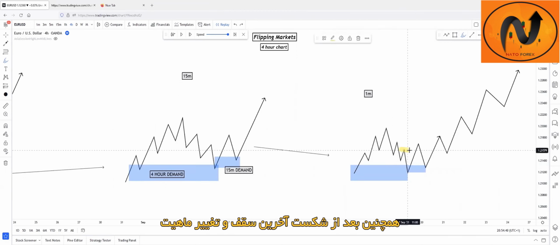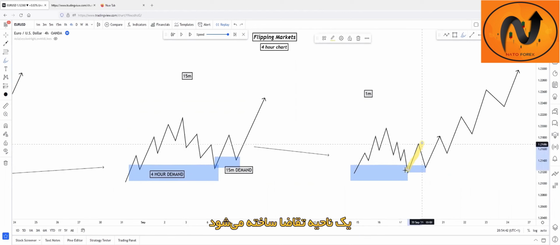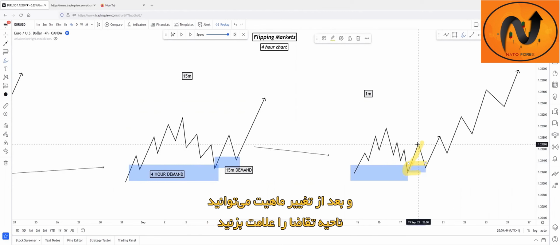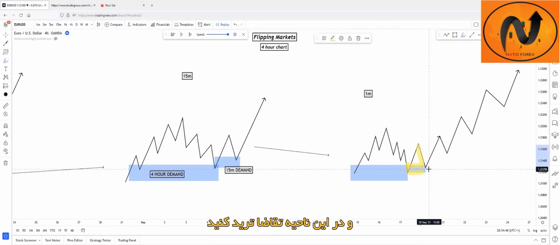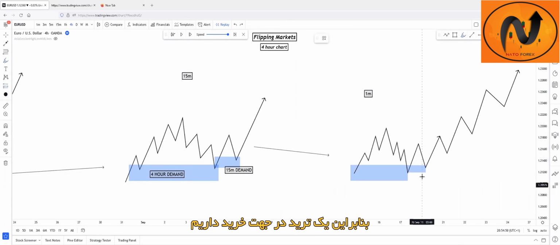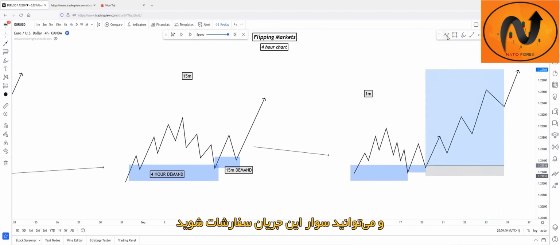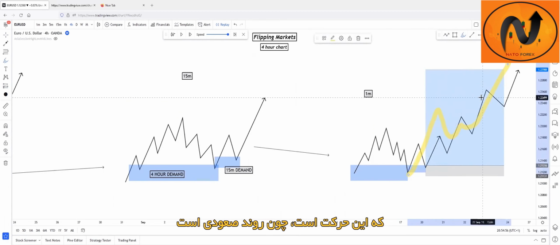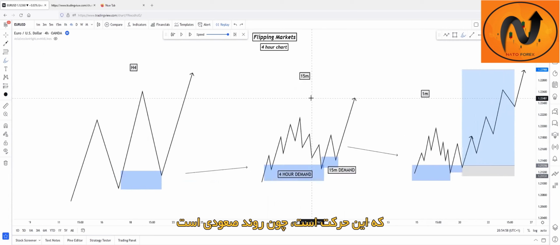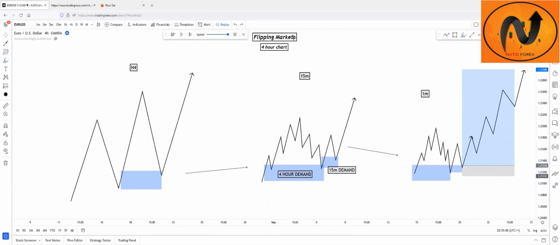So it breaks through the last high point, does a change of character, and creates a demand zone. After the change of character, you can mark your demand zone out and hop in a long trade on this demand zone. And you can write the expectational order flow, which is this one, because it's bullish in this case.